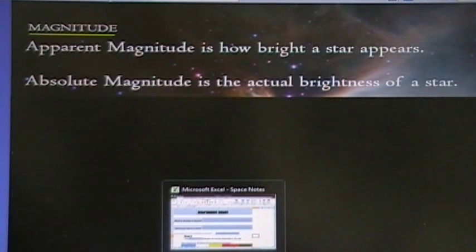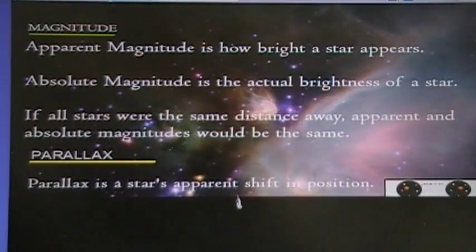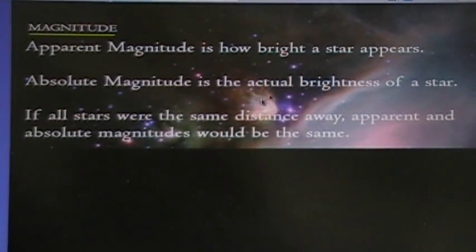Now, if we go outside and we take a look at different stars, sometimes we will see some stars that are brighter than others. As we look at this image here in the background, we can see that some of these stars look brighter than some of the ones that are a little further off. But that may not be the truth. They may not actually be brighter.